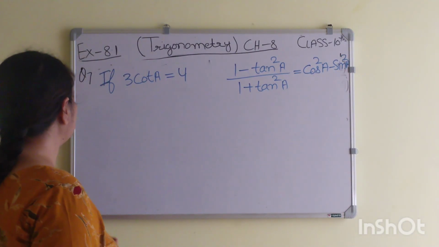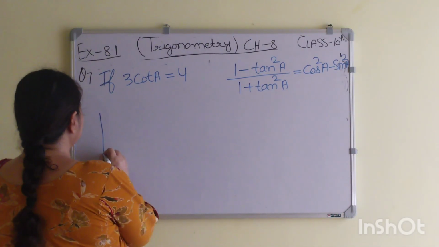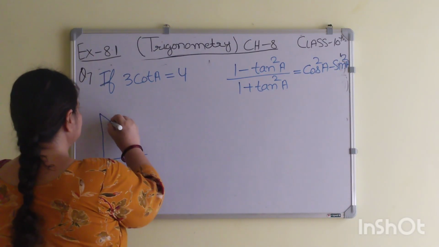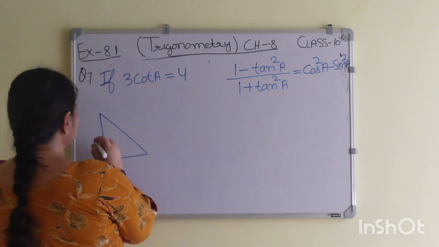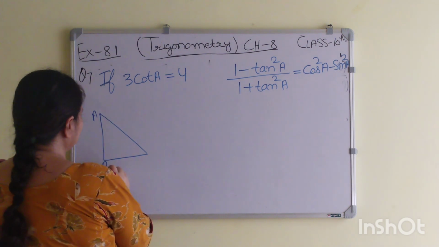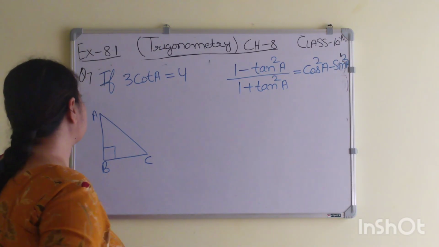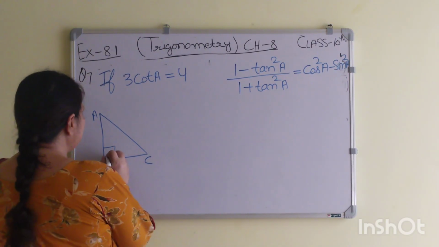First of all, we draw a right angle triangle ABC, in which B is a right angle.